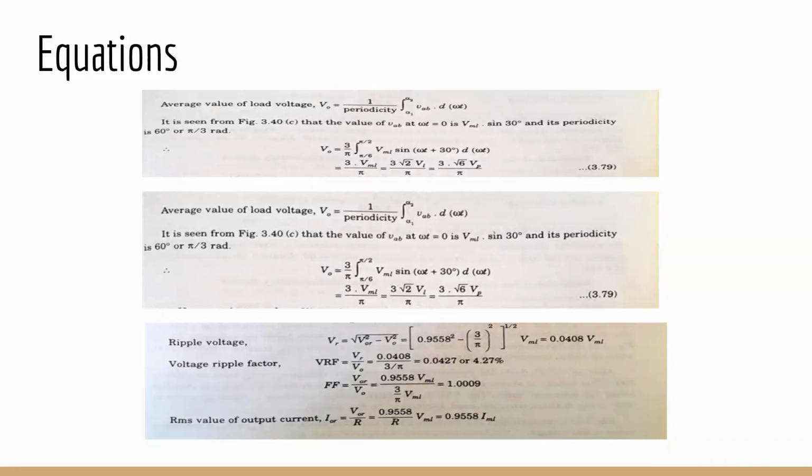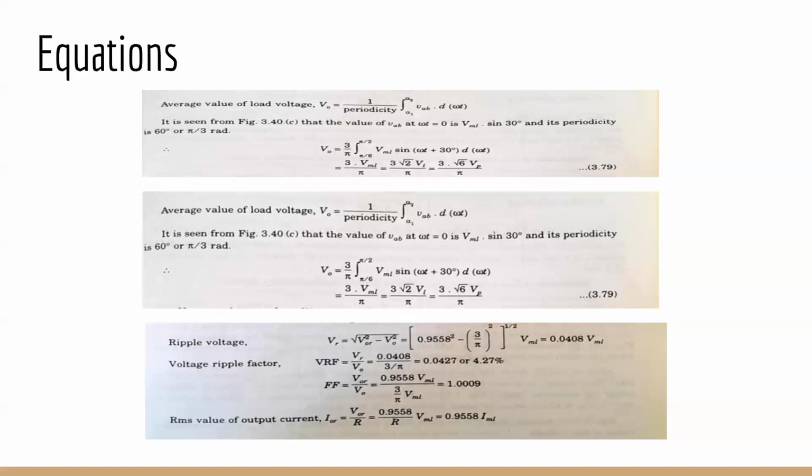For a cosine function, cos omega t, the voltage pulse of 60 degree duration extends 30 degree to the left of its peak and 30 degree to the right of the peak. Therefore, V0 equals 3 by pi integration from minus pi by 6 to pi by 6 of VML cos omega t d omega t equals 3 VML upon pi.